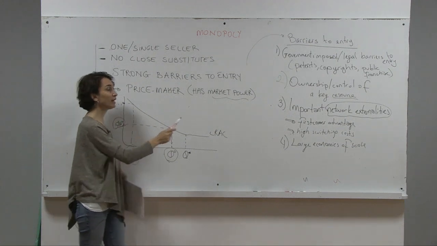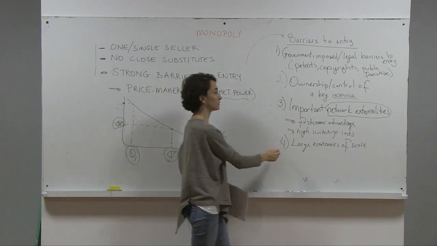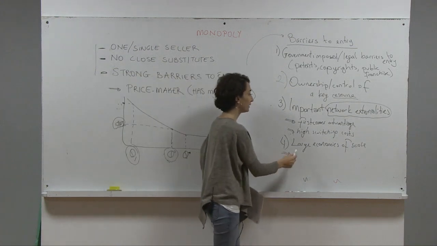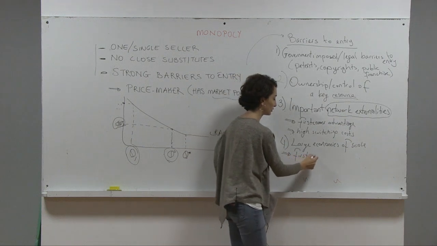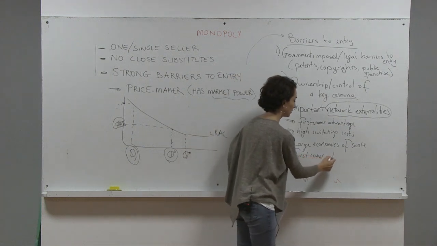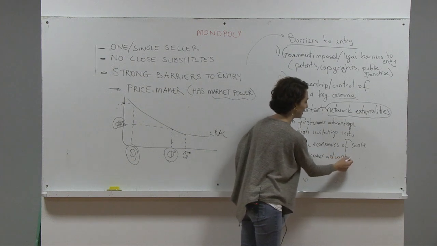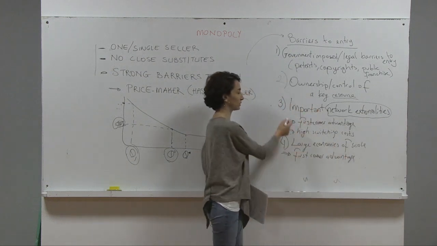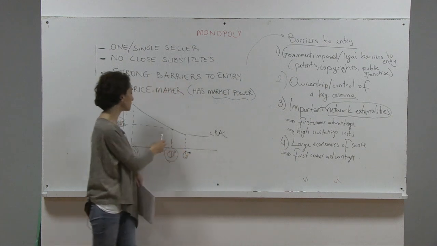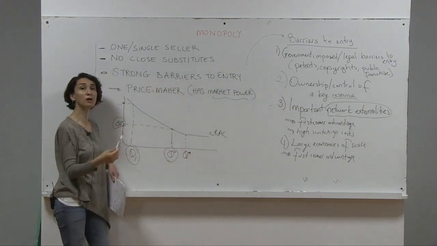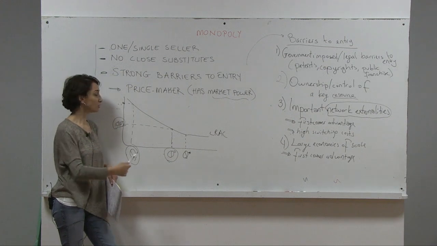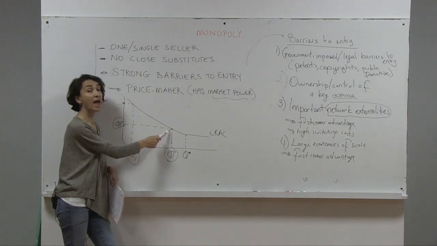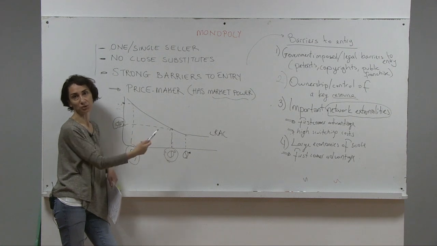Okay? So again, with very large economies of scale, we have a strong first-comer advantage, for different reasons than network externality. Here we have a first-comer advantage because if you are the first one, you can expand first and reduce your average costs first.